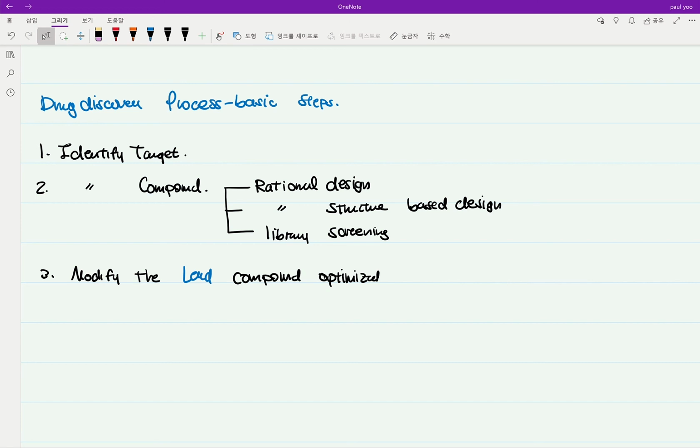And in library screening, we look at collections of a lot of molecules. And number 3, when we modify the lead compound, we can make it better in terms of lower dosage and also economic benefit, or lower chance of side effects.